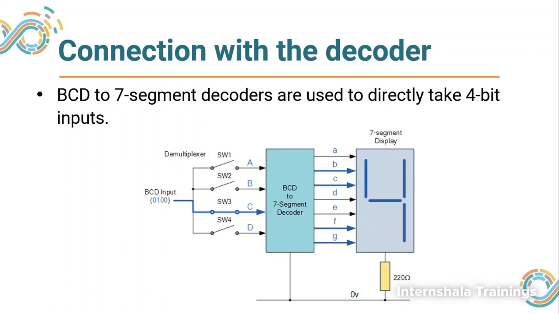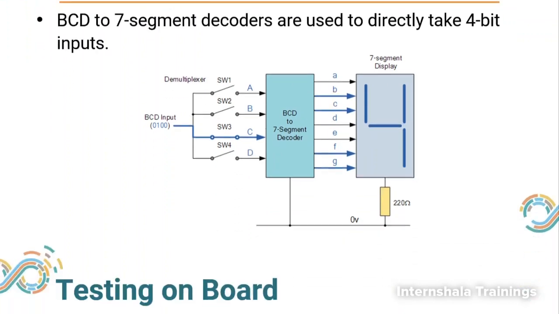If you give the input 0000, it will give you the corresponding output to glow the pattern 0. So this is how this decoder works. So you don't have to worry about generating 7 different outputs.